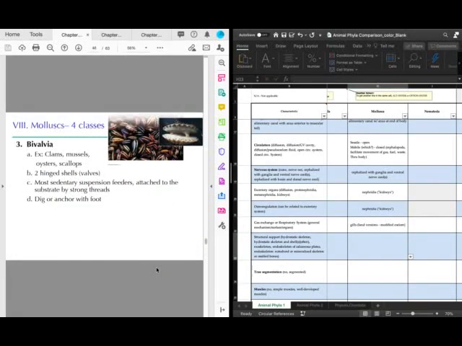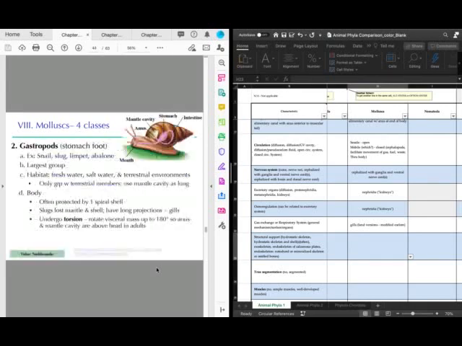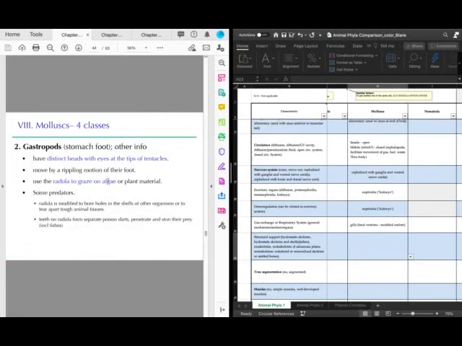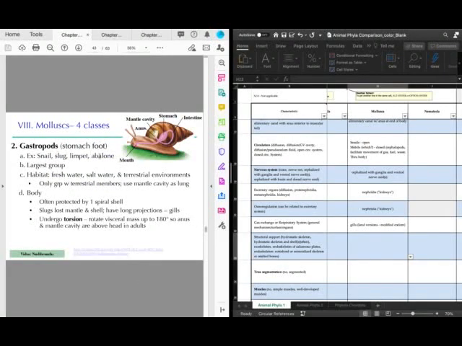So I know that that says mantle cavity is lung.